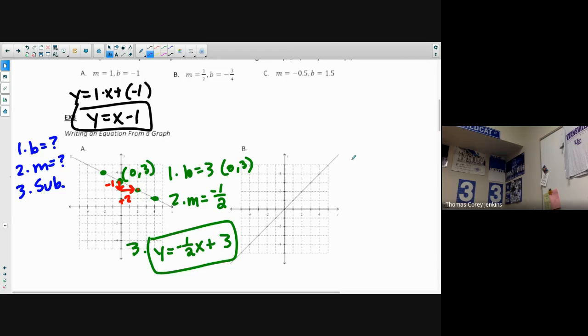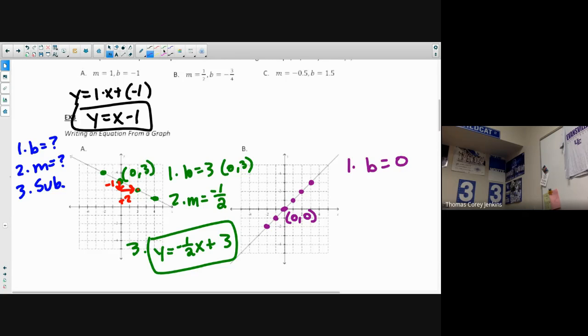All right, looking at B. Step 1, we want to figure out B equals what? Looks like this one crosses through the point (0, 0). So B equals 0. And then M. We got lots of what I like to call corner points that we can choose from to figure out what M equals.